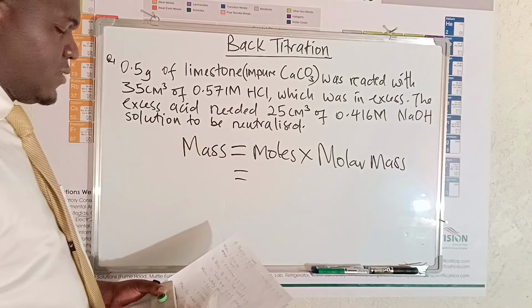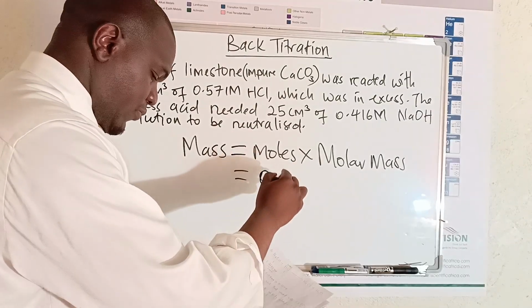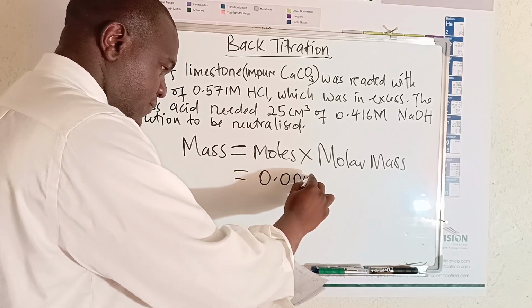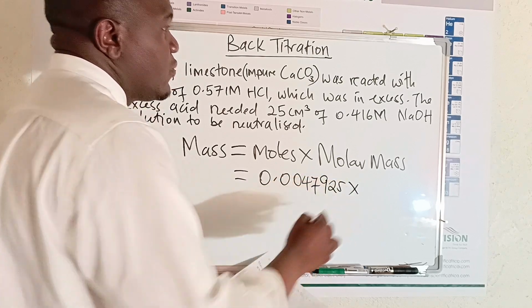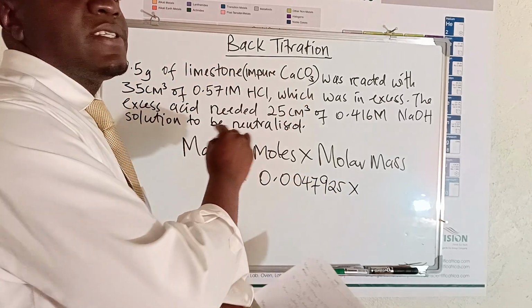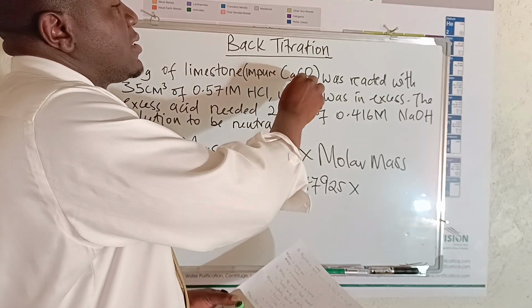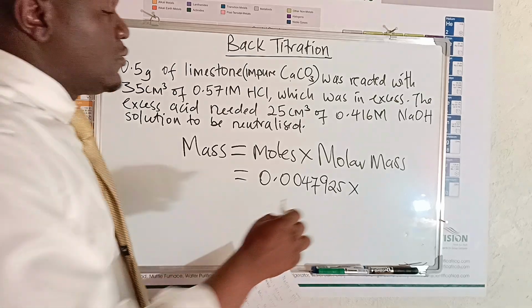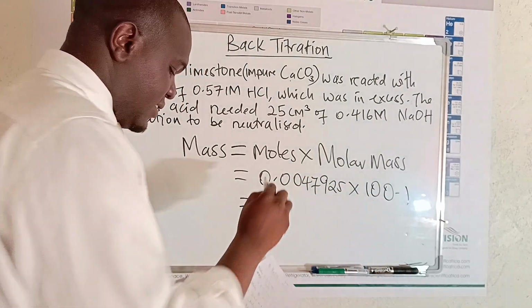Now we know the moles, we have worked it out here, which is 0.0047925. And we know the molar mass of calcium carbonate, which is 40.1 plus 12 plus 16 times 3. Those were given. You get 100.1.